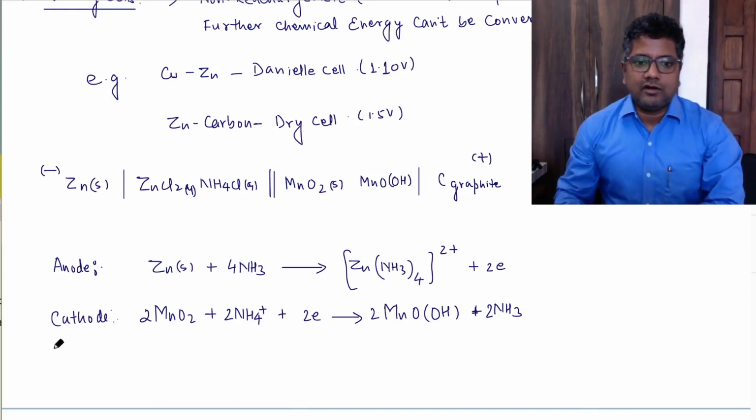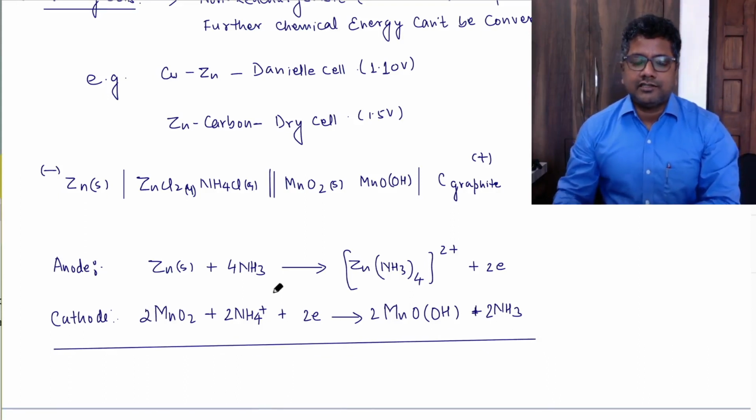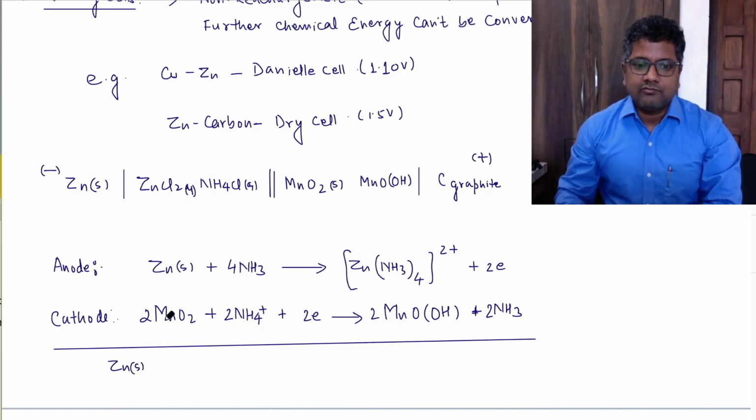Now the overall reaction is, see, add this: Zn solid plus 2 MnO2 plus 2 NH4+ plus 2 ammonia.